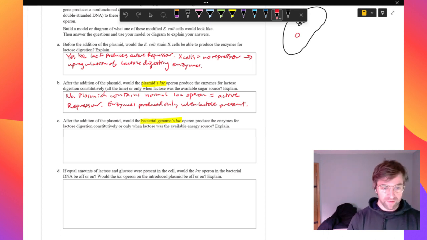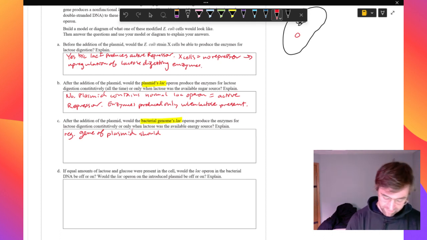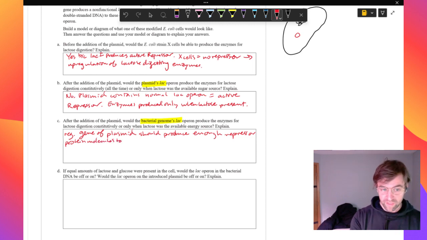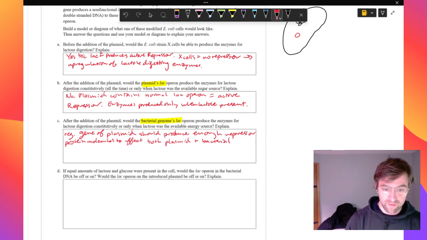So the regulatory gene of the plasmid should produce enough repressor protein molecules to affect both the plasmid and the bacterial chromosome's operon, or interact with both.